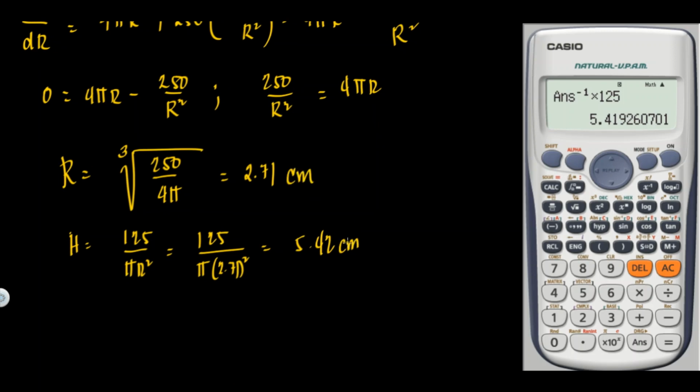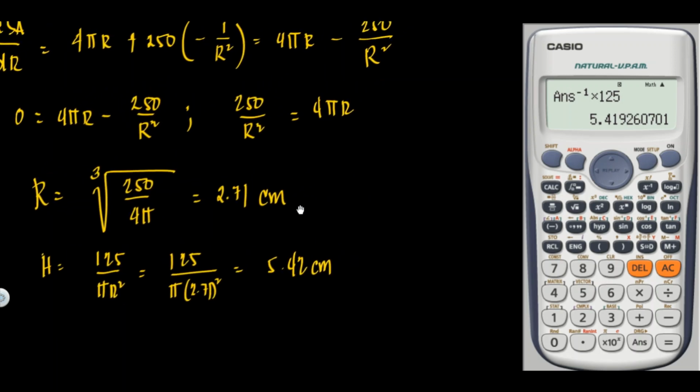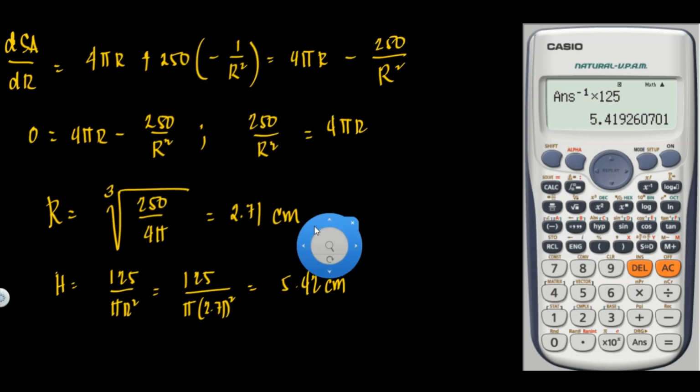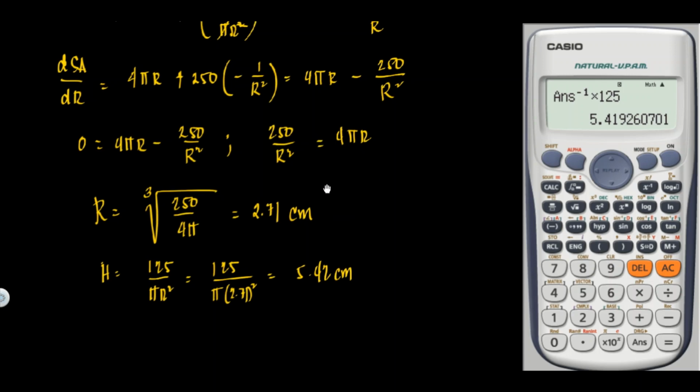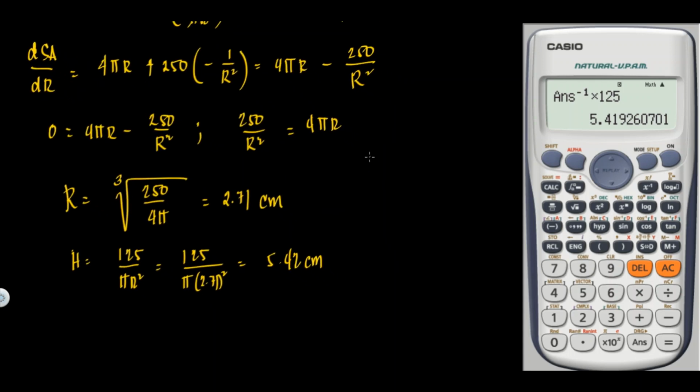So cm. So to know if this will give a least area, differentiate mo lang ulit ito. Okay? So ganun lang naman ang ginagawa natin. Second derivative test. So we have the second derivative of the surface area with respect to radius is equal to 4 pi minus 250 times the derivative of 1 over r squared, which is negative 2r over r to the fourth.